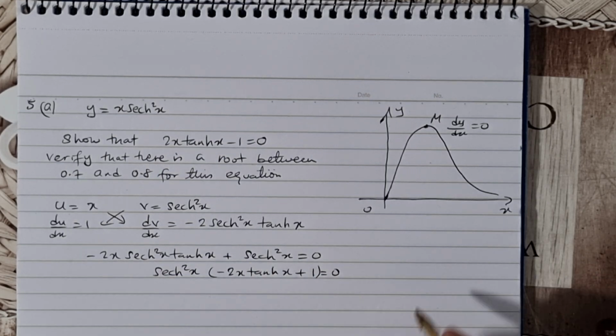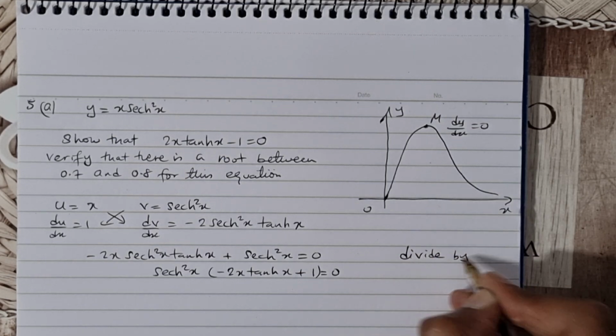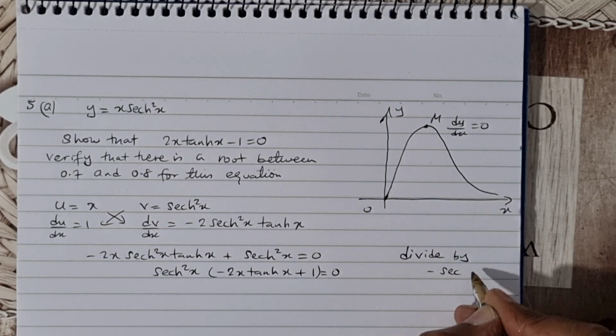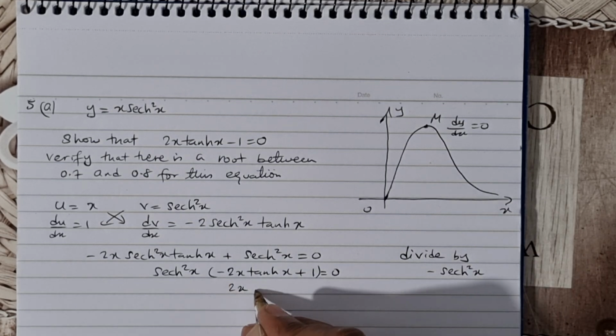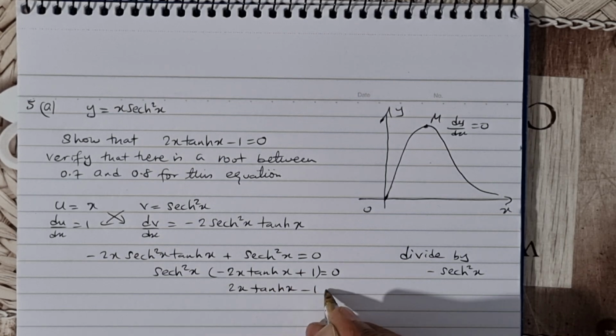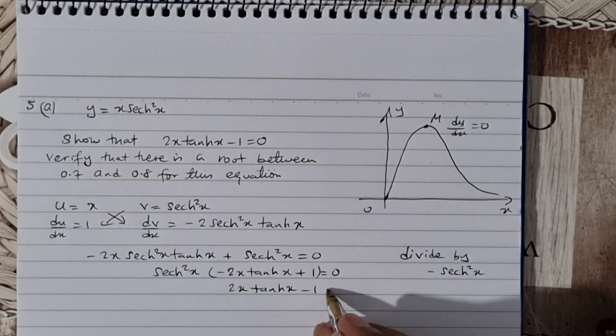And we can divide by negative sech²x on both sides. If we do this, you end up with 2x tanh x minus 1 equals 0. Right, so this has been shown.